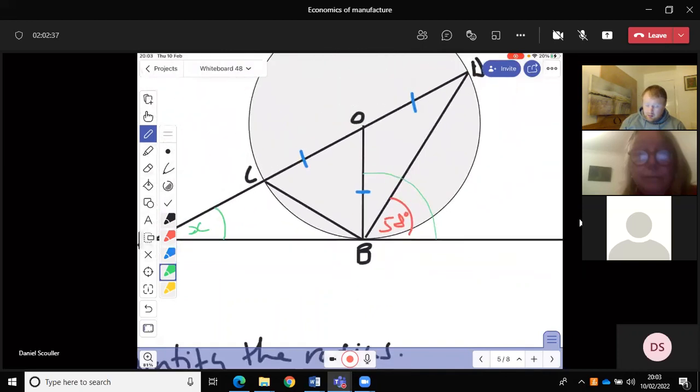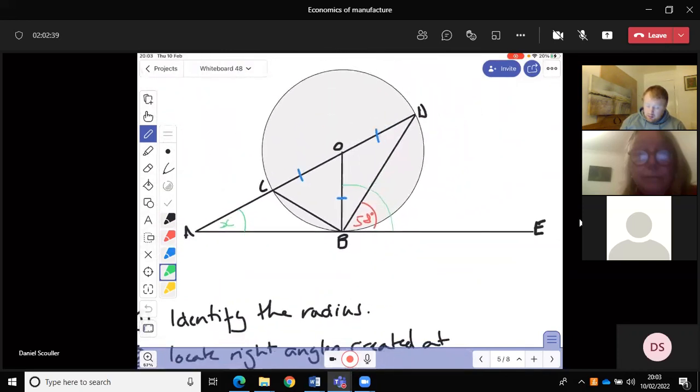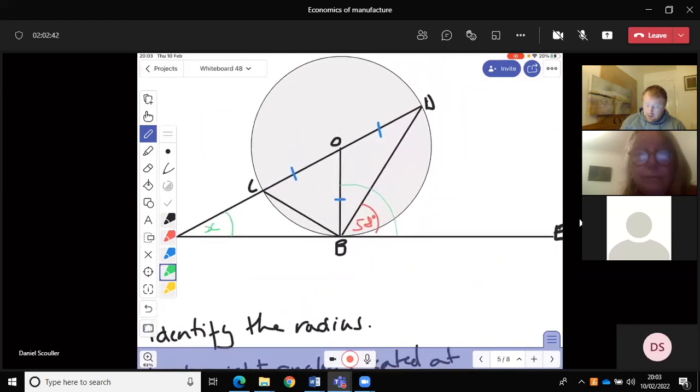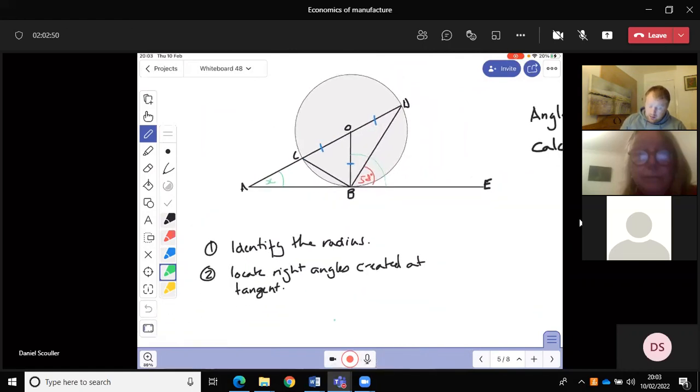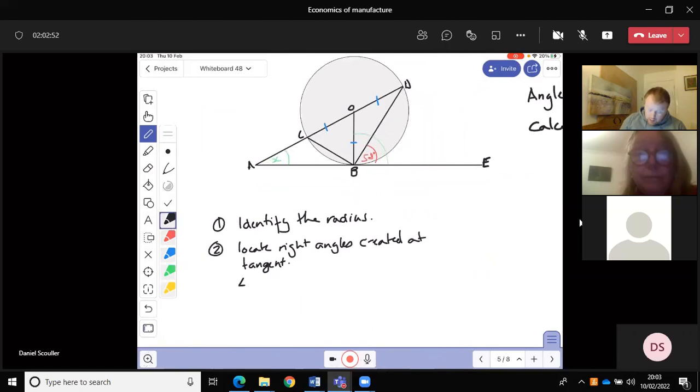Okay, so DBE is 58 degrees. We can say that angle OBE is equal to 90 degrees. Okay, so angle OBE is equal to 90 degrees.